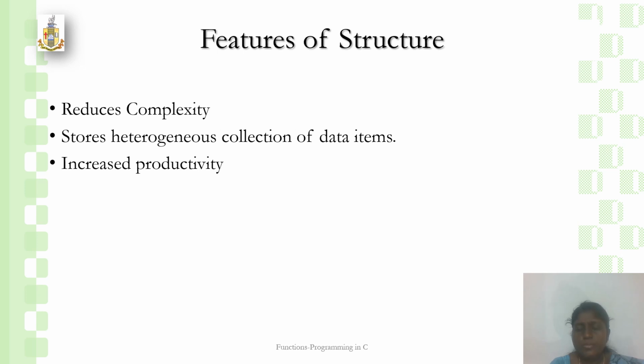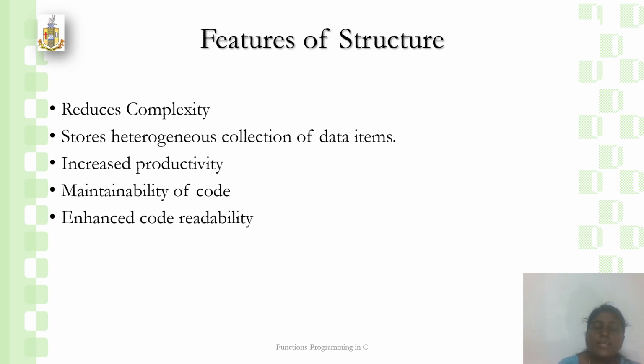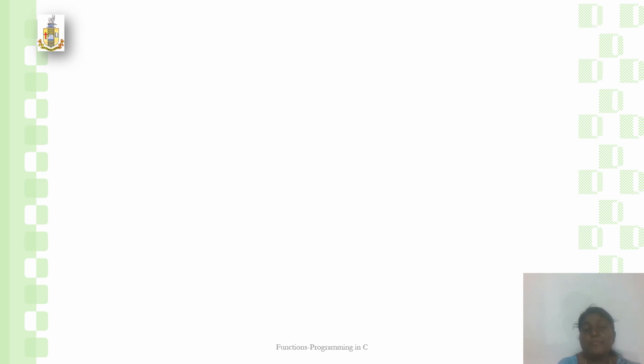This will be accommodated in a single structure, which increases your productivity by reducing multiple usages of different data types. It also helps maintainability of code, enhances code readability, and enhances the efficiency of mathematical operations.